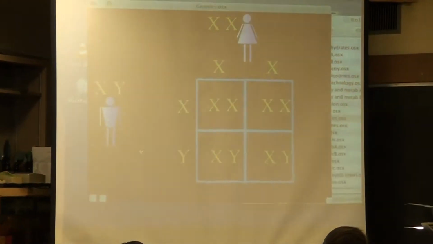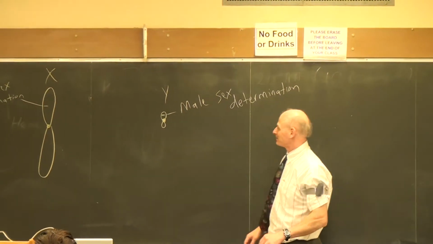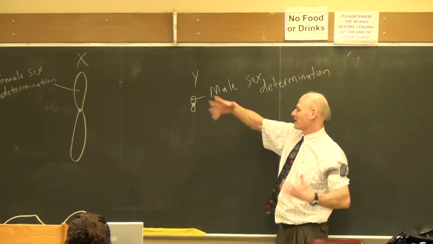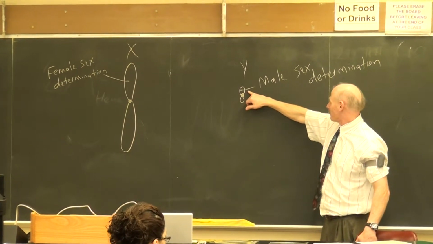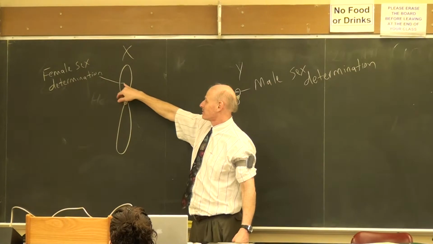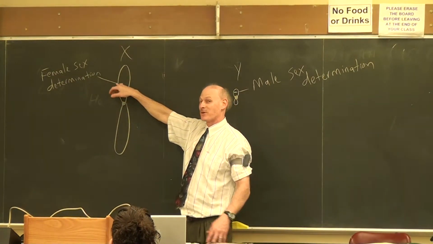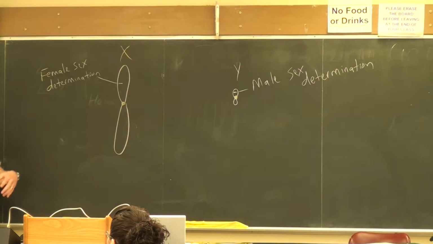Okay, now consider the male for a second. In the male embryo, there are genes to develop male sexual reproductive organs, and also genes to develop female reproductive organs, since males have the X and the Y chromosome. But what do they develop as? Well, they develop as males.